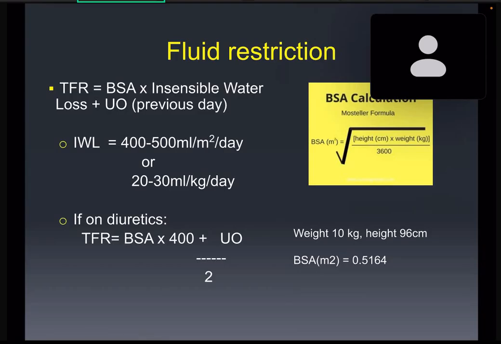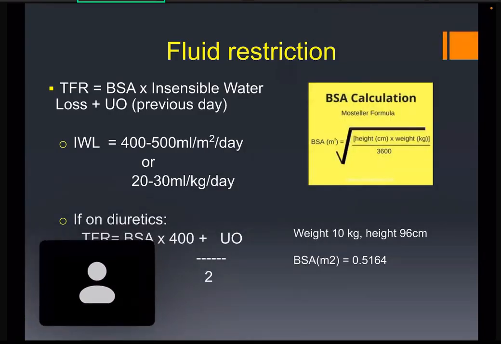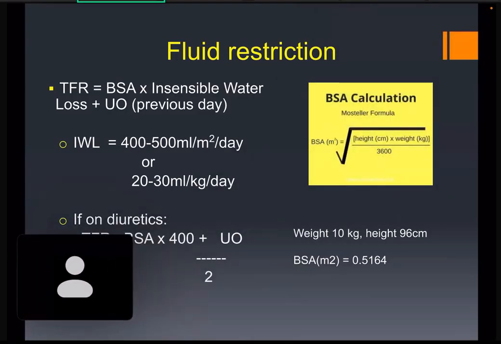But if you give diuretics, the total fluid requirement should be BSA times 400 plus the urine output divided by 2. So how do you compute the BSA? We use the Mosteller formula. So the BSA is equal to the square root of height in centimeters times weight in kilograms over 3,600.